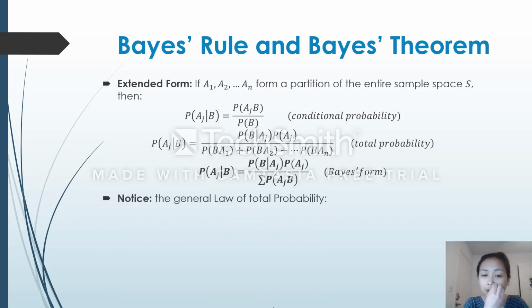And notice that the general law of total probability is at the denominator: probability of event B is the summation of probability of event Aj and B. So that is about Bayes' rule and Bayes' theorem.